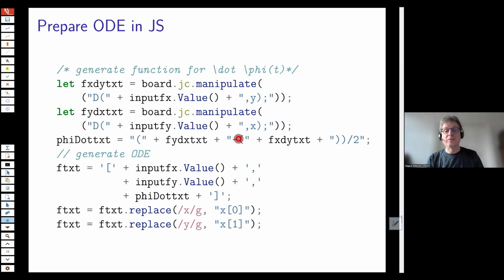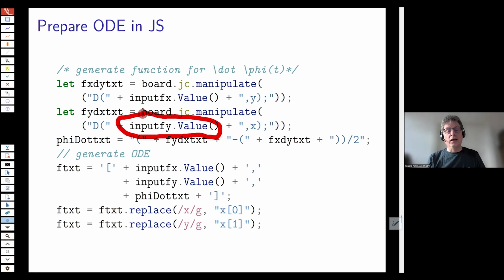At first, the x component of the vector field is stored in a variable input fx, and I have to differentiate this with respect to y. This is here in the function manipulate. This is what I talked about last year at this conference. The same thing I will do with the y component of the vector field.